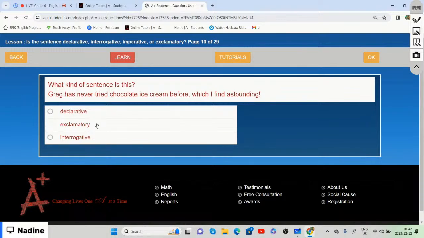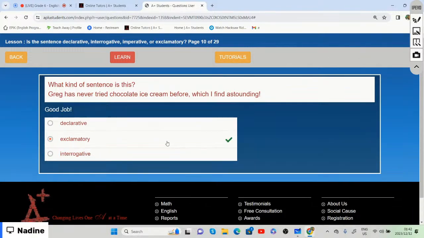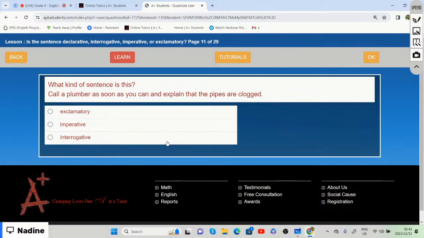So we can say it's an exclamatory sentence. Firstly, it ends with an exclamation mark. All right, so we're going with an exclamatory sentence. Let's go to the next one.